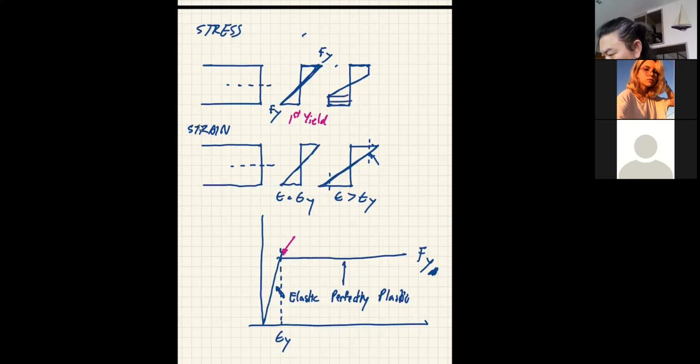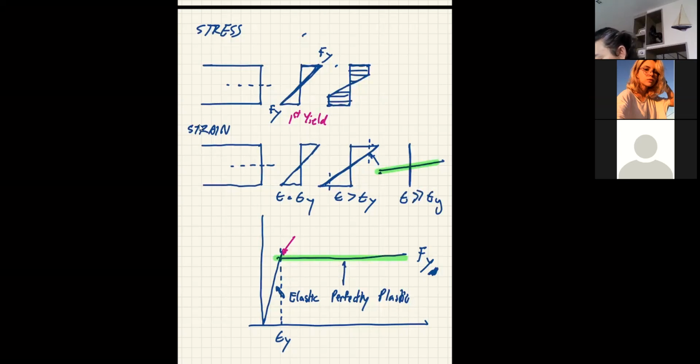Until, if I keep on doing this, my strain goes to infinity, right? It goes to infinity, just like this line goes, woo, like that. So this is going to be something very close to a horizontal line, but you cannot have that in reality, right?